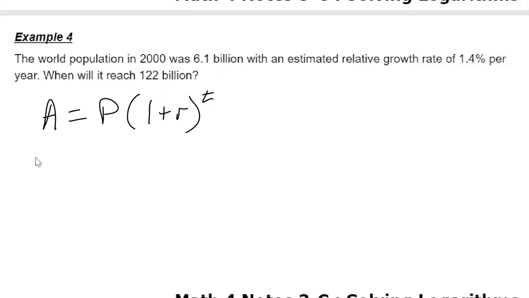I'm going to say 122 here and 6.1 there, realizing that when I get my number, this is in billions. Now, if I go in there and I say, all right, 1.4%, that's 0.014.